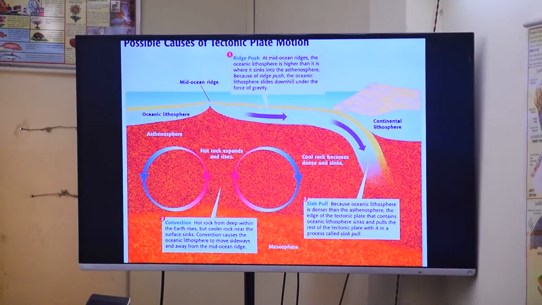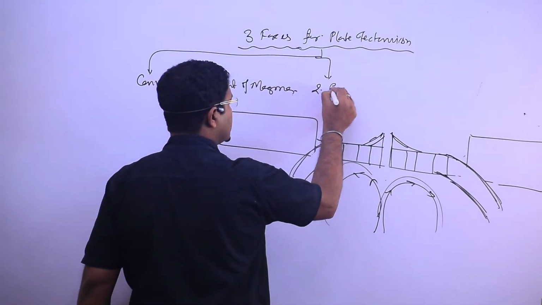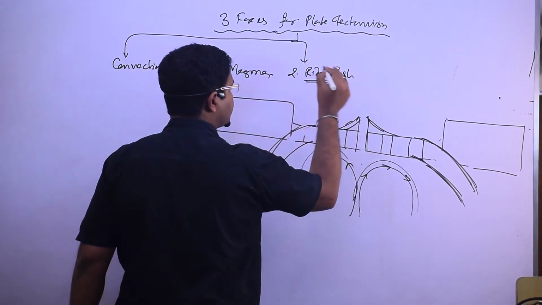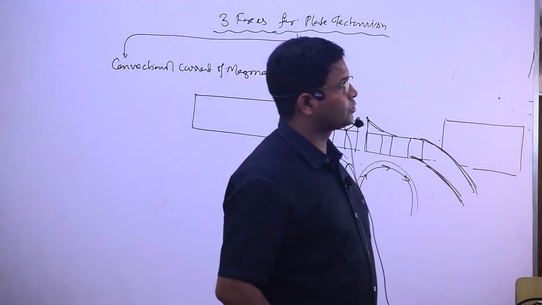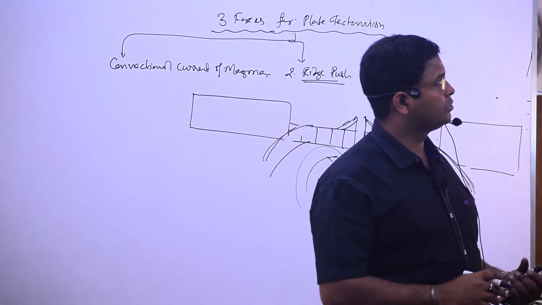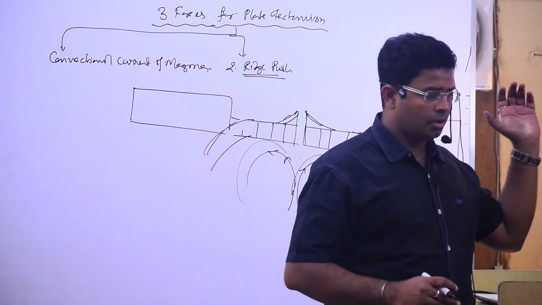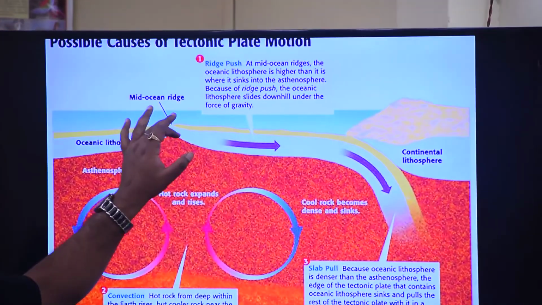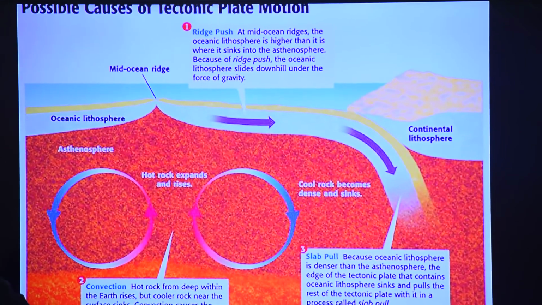Another I said is ridge push. Which one is the second force? Ridge push. Anything if it is uplifted, you know that it will put more force of gravity downward.